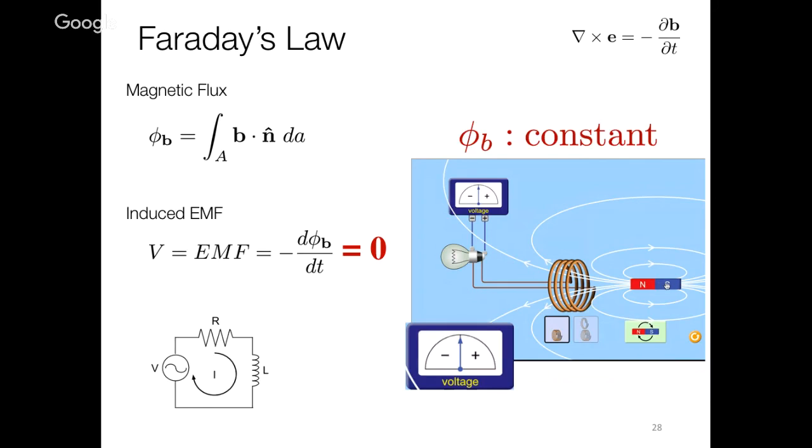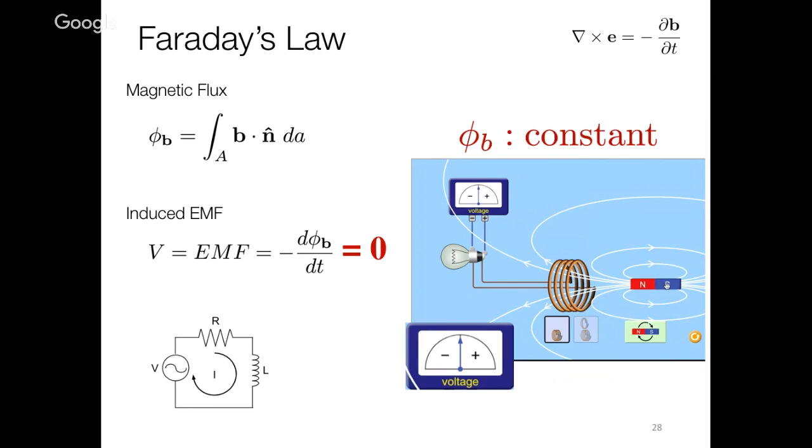In this particular case, if B is perpendicular to the plane of the loop, then my flux is just equal to B times the area. So it depends upon the orientation of the magnetic field with respect to that loop.